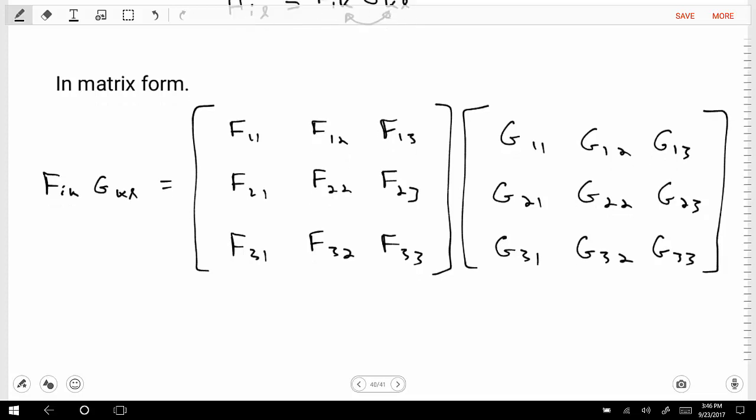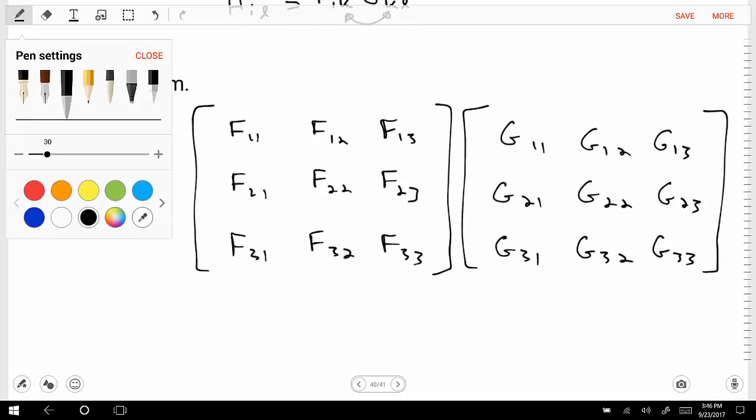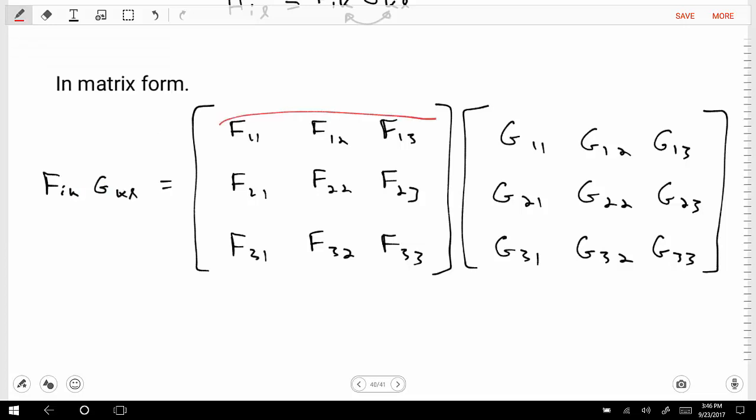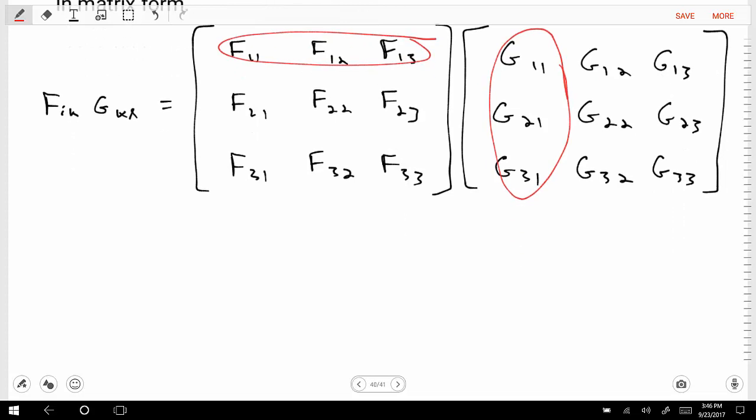Now we always want to do our rows versus our columns. So row 1, column 1, which indicates our first term in H. So H11 is equal to this operation, and we are summing these terms.